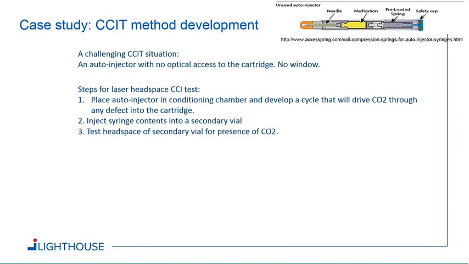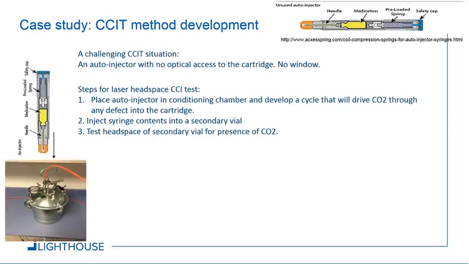And what you would do then is take this auto injector, inject the contents of the cartridge into a secondary vial, and then test the headspace for the presence of CO2. And if you see any carbon dioxide in this vial, into which you've injected the contents of the cartridge, then that would indicate that the cartridge inside the auto-injector has been leaking.